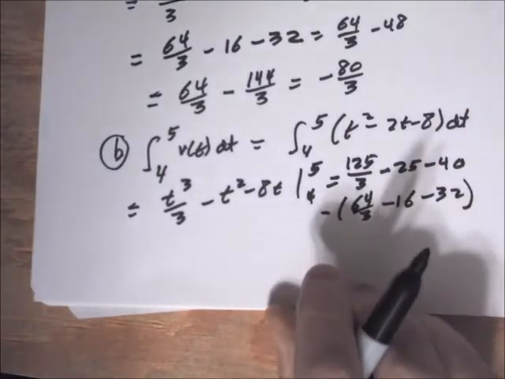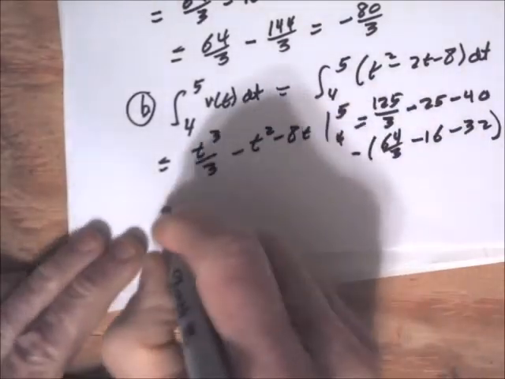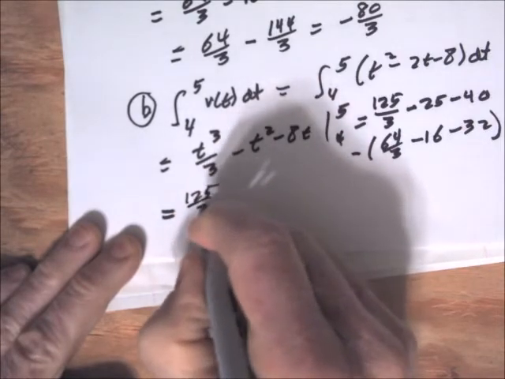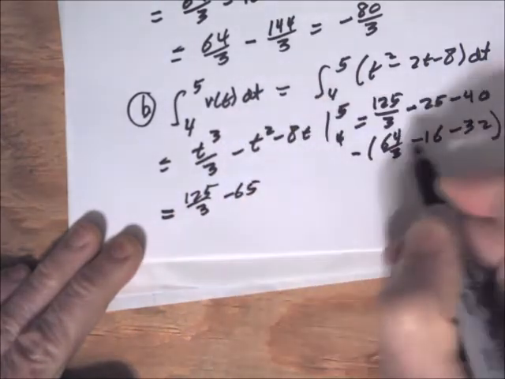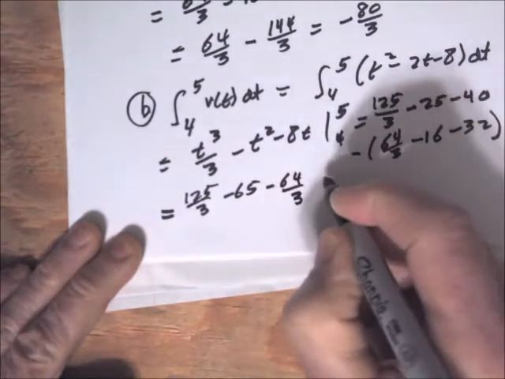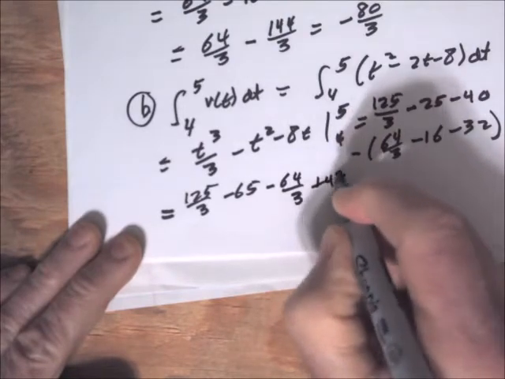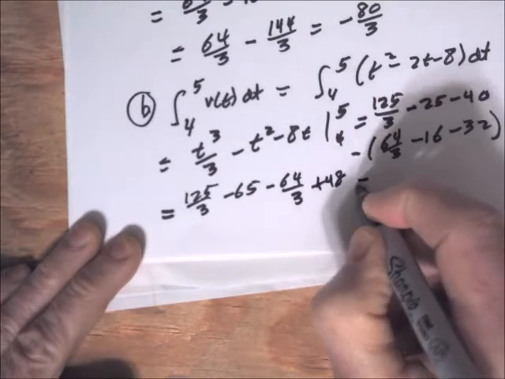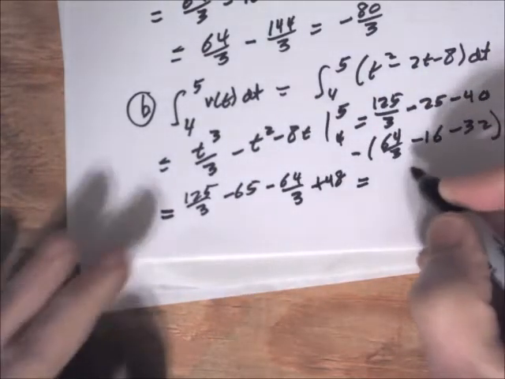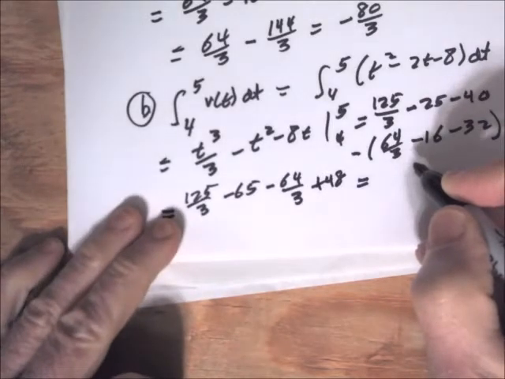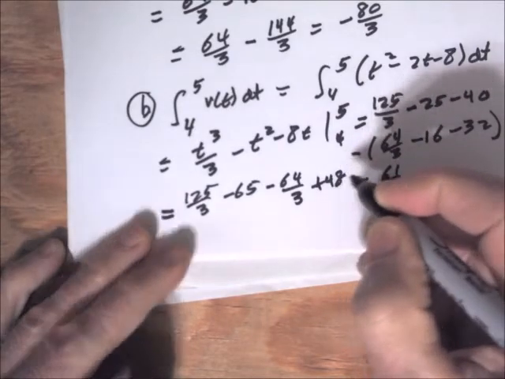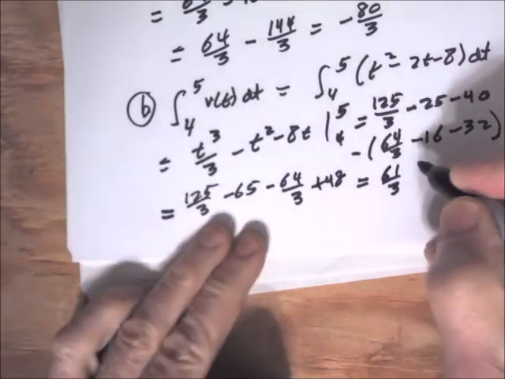So that's going to equal 125 over 3 minus 65. If we distribute the minus sign, this will be minus 64 over 3 plus 48. And this is equal to 125 minus 64, 61. 61 over 3, minus 65 plus 48 is negative 17.